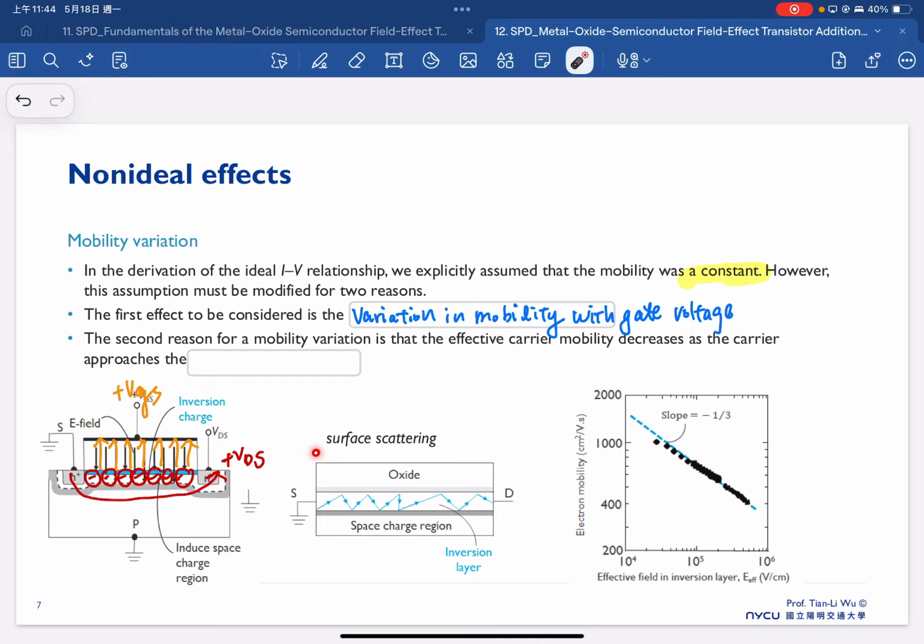Another influence is due to the surface scattering. Once you have lots of defects in the semiconductor at the oxide and semiconductor interface, the electrons might start to be trapped at this interface. These negative electrons are trapped electrons due to the interface state.